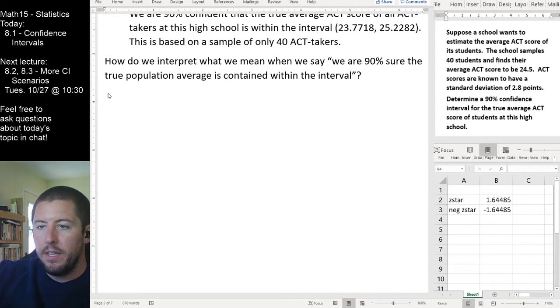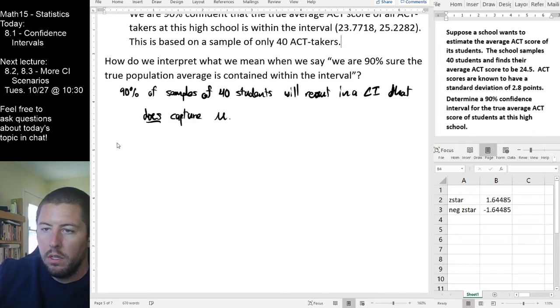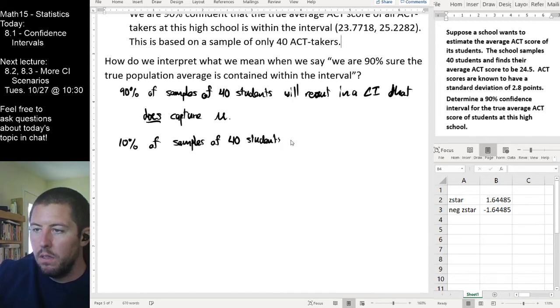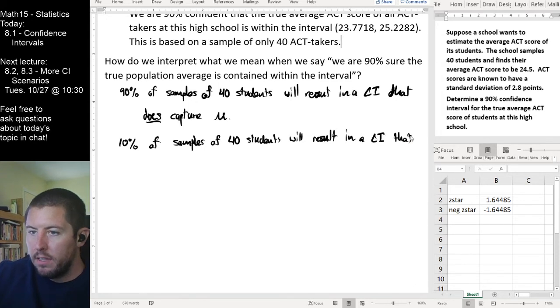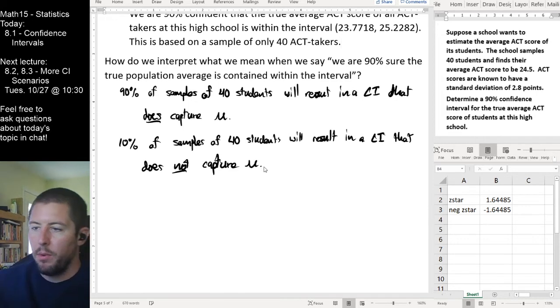What this means to me is 90% of samples of 40 students will result in a confidence interval that does capture mu, and 10% of samples of 40 students will result in a confidence interval that does not capture mu. And I'm going to draw a little picture here to help us out with this one.